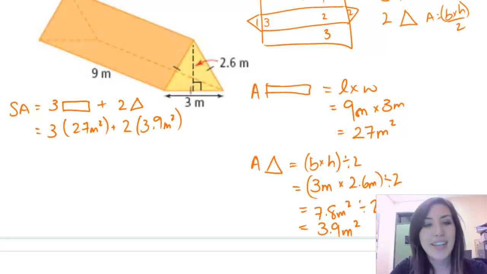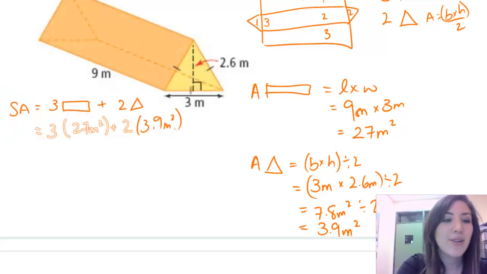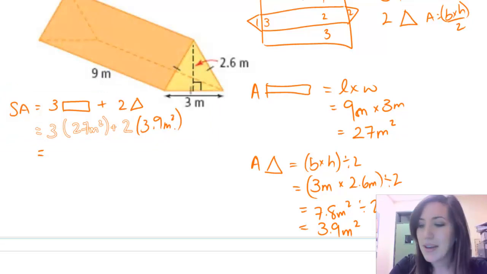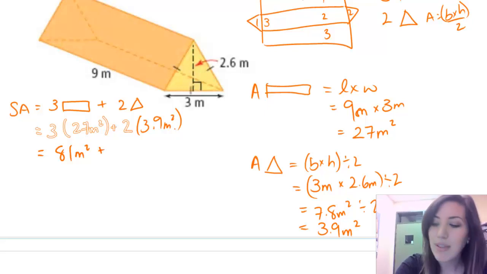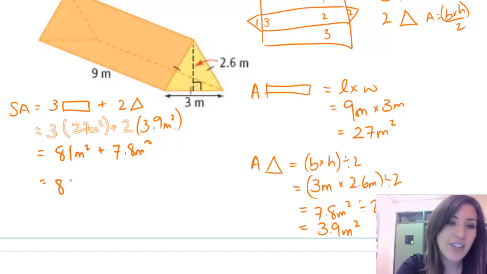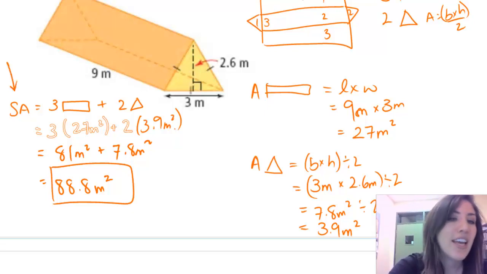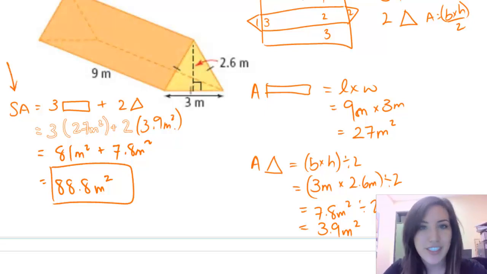That's how we can calculate the total surface area. Let's plug it all in. We have 81 meters squared plus 7.8 meters squared. Add it all together, and you get a grand total of 88.8 meters squared as your total surface area. Here again, like last day, SA just stands for surface area.